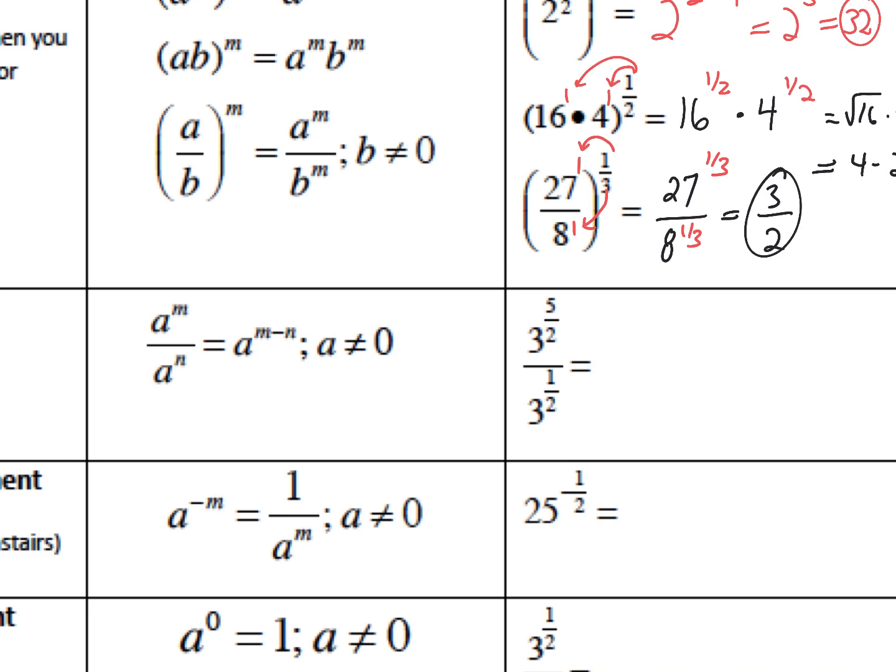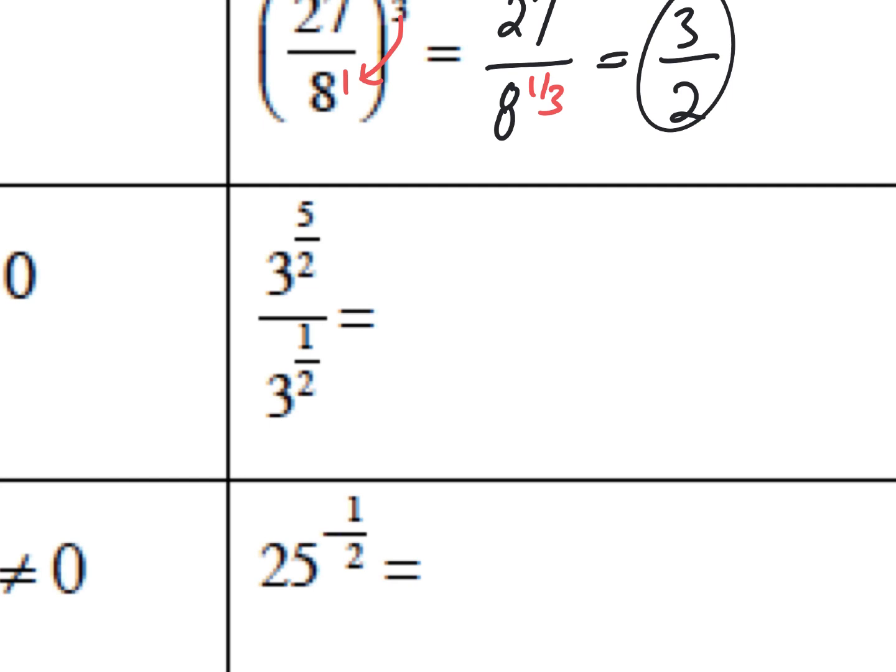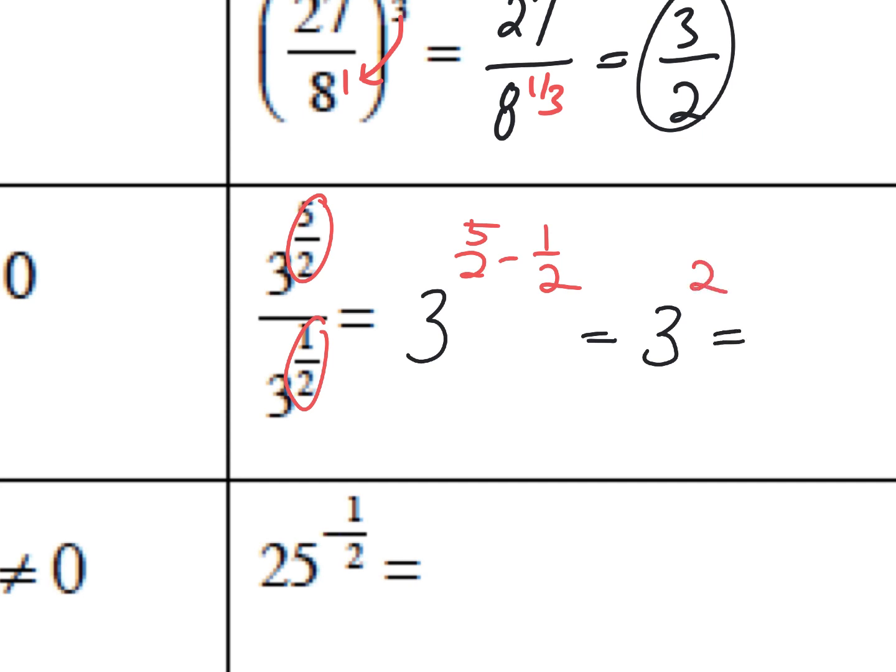It's our quotient rule. So here, I have 3 to the 5/2 over 3 to the 1/2. I'm allowed to just subtract those exponents. It's the same rule as in chapter 5. So this is going to be 3 to the 4/2, which is 3 squared, which is 9.